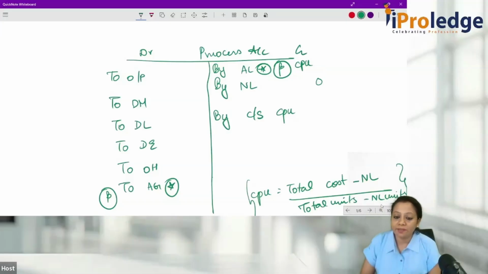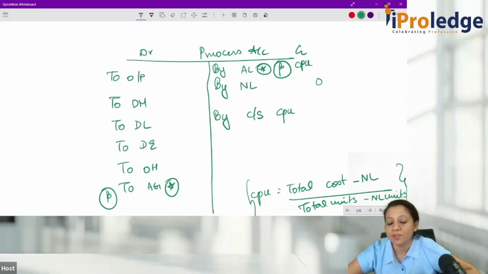Those of you who are learning it for the first time also, just write it down and keep. When we are doing the problems, all this will be easily understandable to us. So the day before the exam, you can go through this format because for 7 marks, they could ask process account, which is more justifiable for 7 marks rather than a statement of equivalent units.